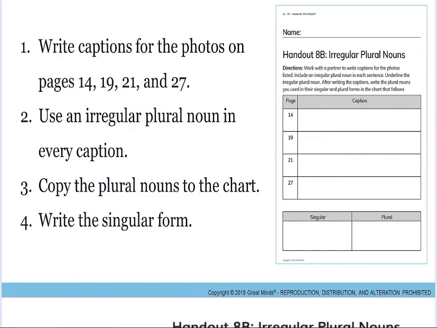We'll go through each page together and write down a caption and look for those irregular plural nouns in each caption. We're going to copy that plural noun into the chart at the bottom. On the right side it says plural on the bottom chart, so we'll write the plural nouns on the right side and then the singular form on the left.